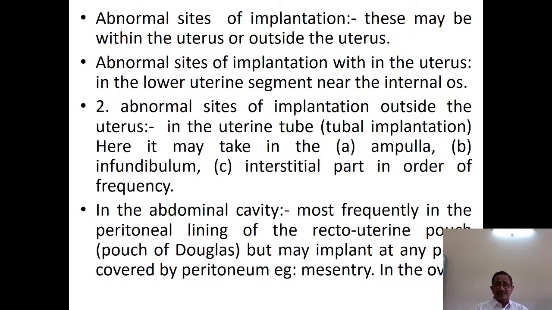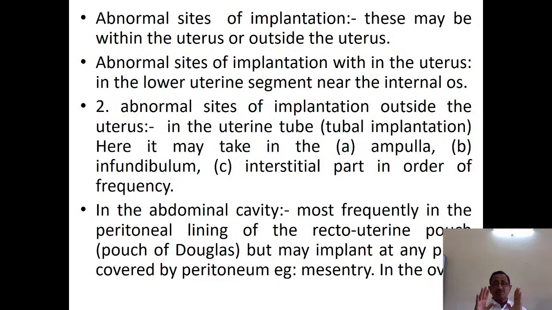Abnormal sites of implantation may be within the uterus or outside the uterus. An abnormal site within the uterus is the lower uterine segment near the internal os. The fundus is the part above the entry of the fallopian tubes, so as it comes out of the fallopian tube, the first part exposed is only the body of the uterus.